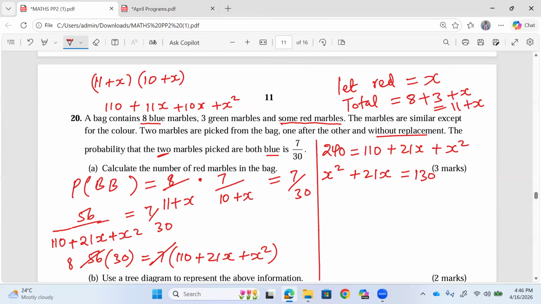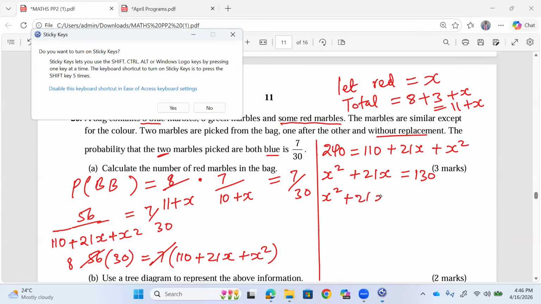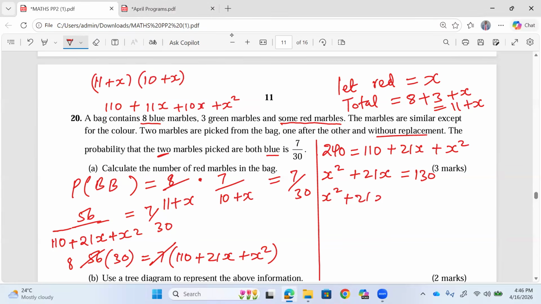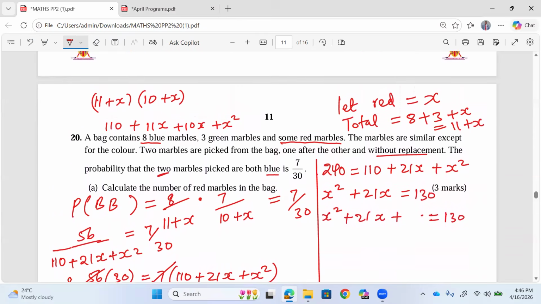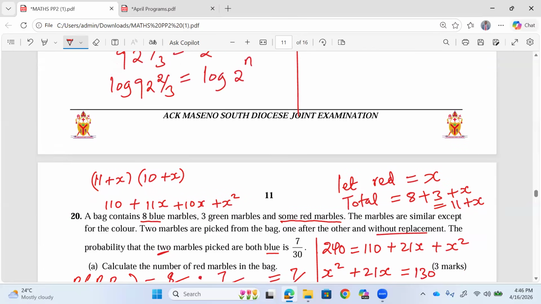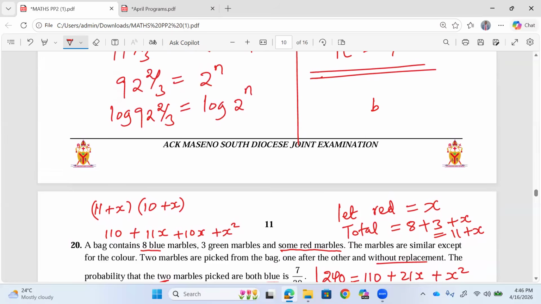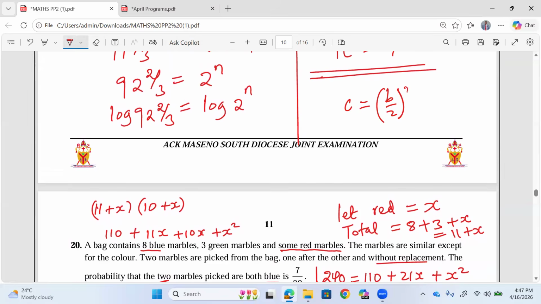So now we're supposed to add a constant on both sides such that the left hand side becomes a perfect square. For us to get a perfect square, my brothers and sisters, we need to say that a constant c is equal to b out of 2 squared.